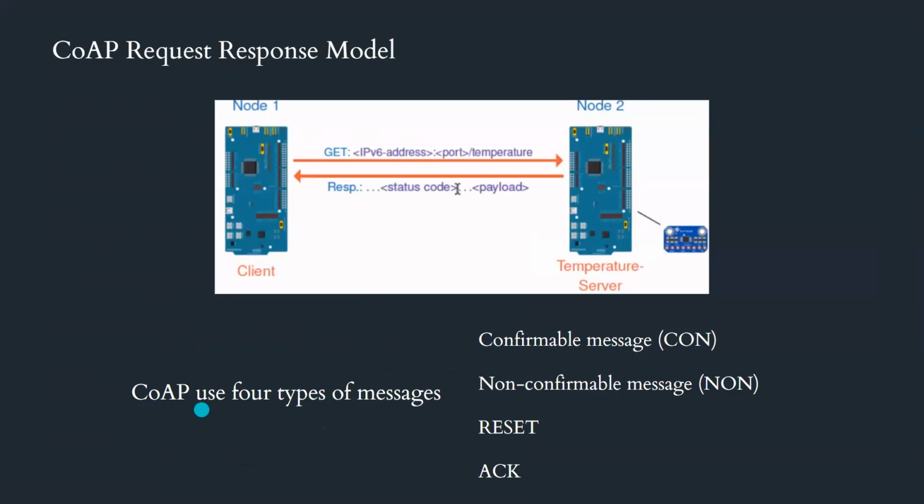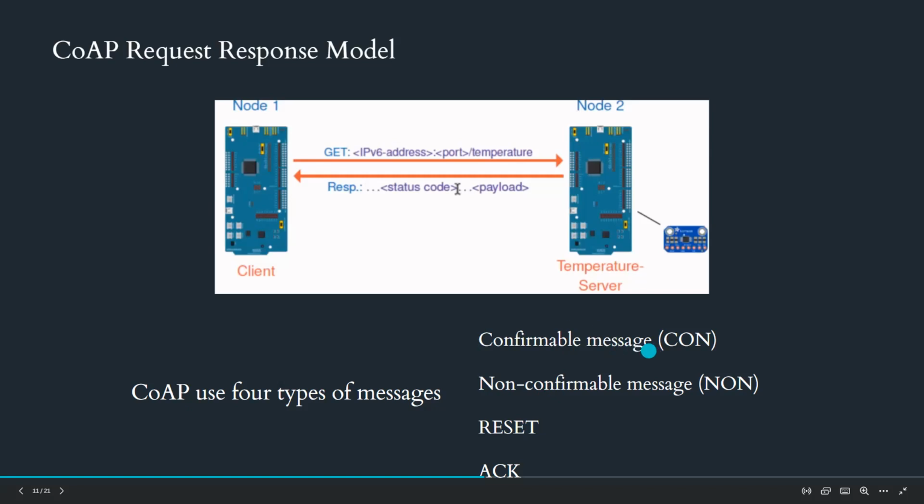Okay, so CoAP has basically 4 types of message types, right? So it is using CON messages and NON messages and reset message, acknowledgement message, right?